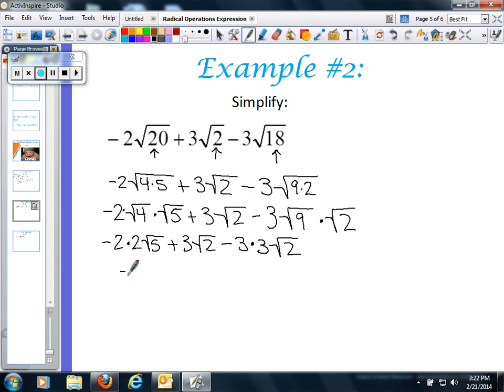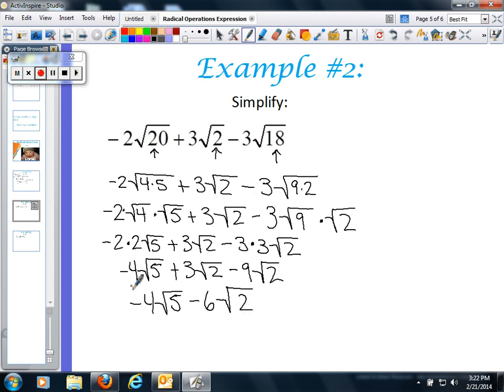Negative 2 times 2 is negative 4 square root of 5, plus 3 square root of 2, minus 3 times 3 is 9 square root of 2. And now you combine your like terms. Negative 4 radical 5 doesn't have any like terms. 3 and negative 9 is going to be negative 6 radical 2. And there's your answer. Okay?